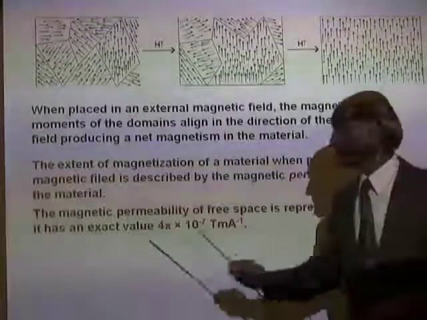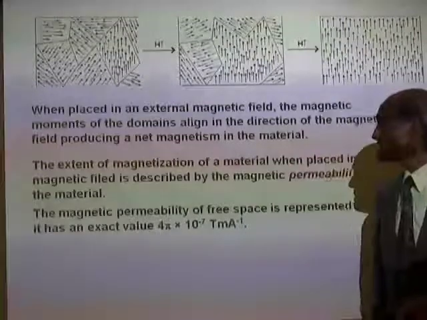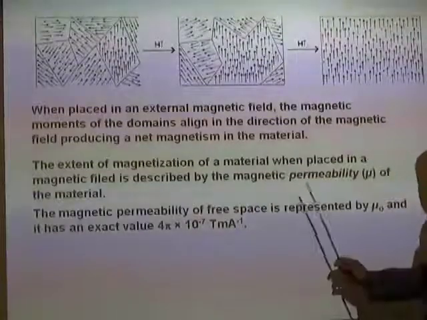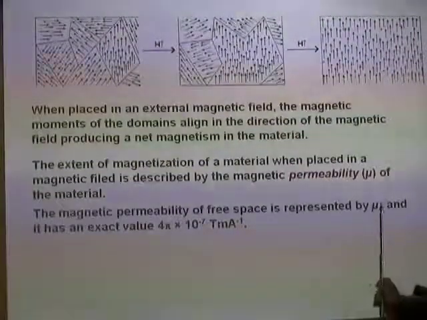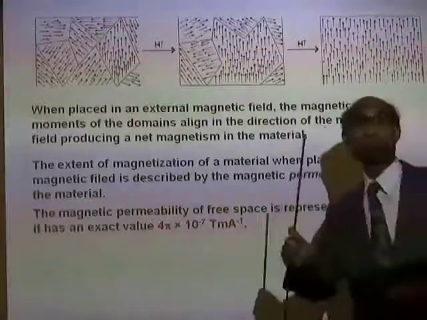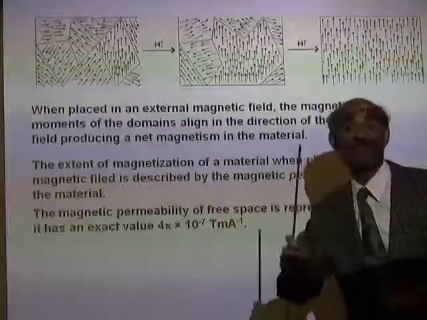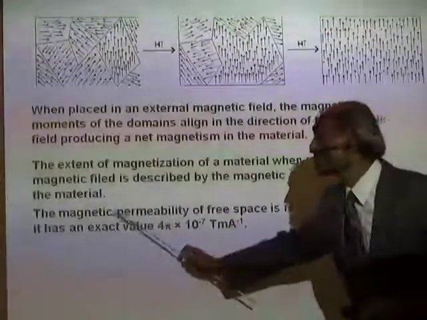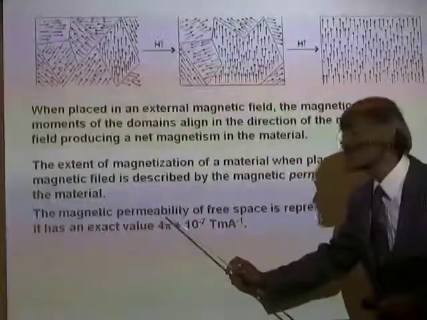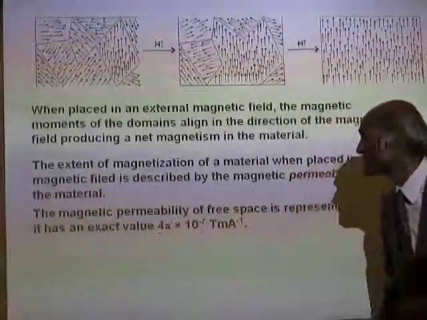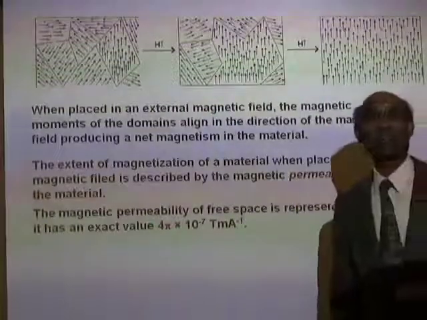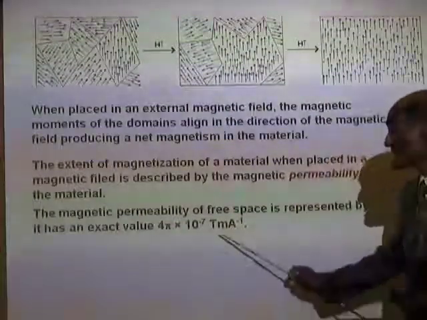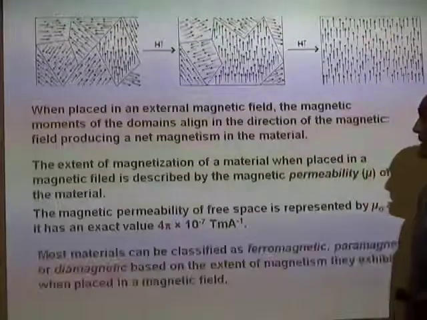Now, we have actually used it. The magnetic permeability of free space is what we call mu zero. Don't you remember that? Mu zero divided by 4 pi we used as the constant of proportionality. That mu zero is the permeability of free space, and you know it has a value 4 pi times 10 to the negative 7 Tesla meter per ampere.